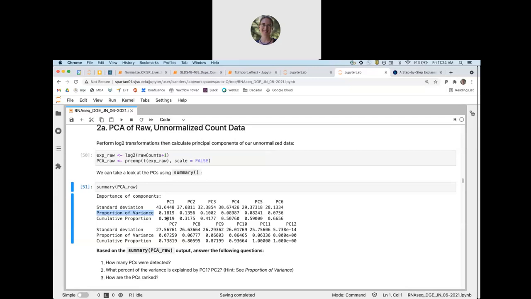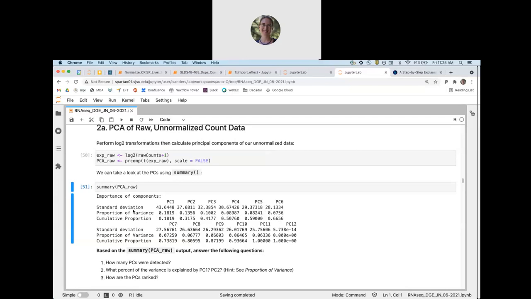So no, Rashi, that's actually a good point. As I was answering this question myself, I noticed it's not just proportion of variance. Proportion of variance is descending. Standard deviation is also descending. And then cumulative proportion is actually ascending. So that's because all three of these metrics are related to each other.